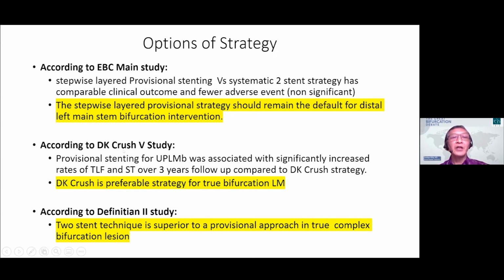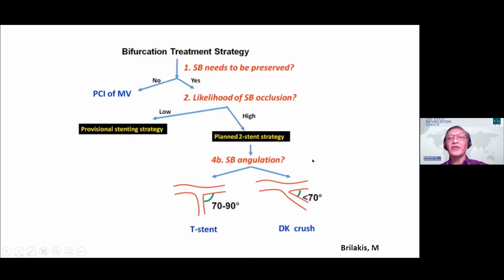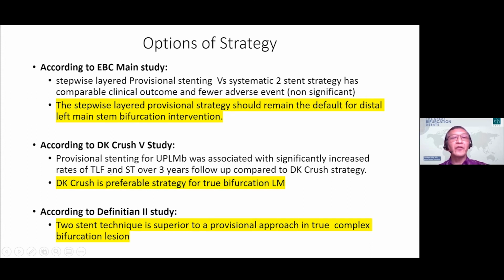But according to the DK CRUSH V study, provisional stenting for unprotected left main bifurcation was associated with a significantly increased rate of TLF and stent thrombosis over 3 years of follow-up compared to the DK crush strategy. So DK crush is the preferable strategy for true bifurcation left main. And according to the DEFINITION II study, the two-stent technique is superior to the provisional approach in true complex bifurcation lesions. And in this study, most of the two-stent strategies used the DK crush technique.